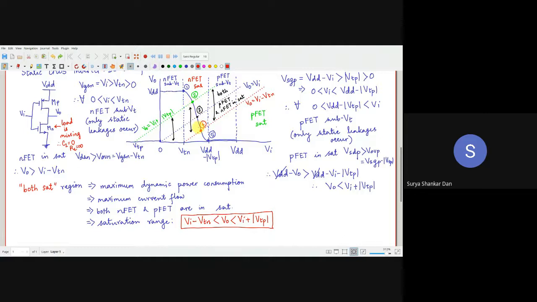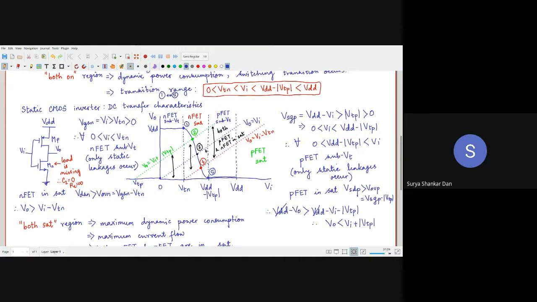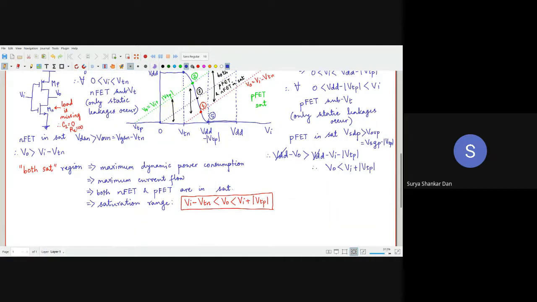That is between 2 to 4. So the transition range is occurring between 1 to 5, and the saturation range is 2 to 4.